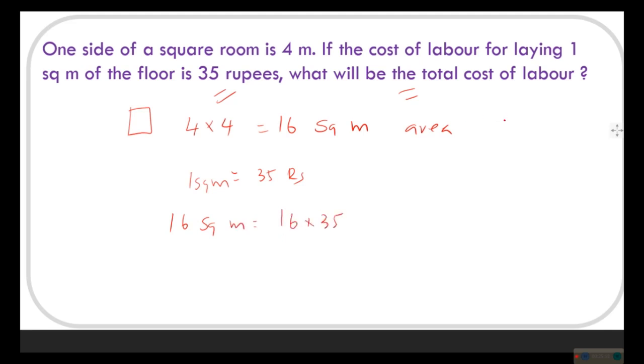You will have to multiply and see, correct? So we will multiply 16 with 35. This is 80 and this is 48. That means we will be having 560. 560 rupees has to be given as labor. The tiles' money is separate, this is labor. Labor means the money for the person who works, the worker.